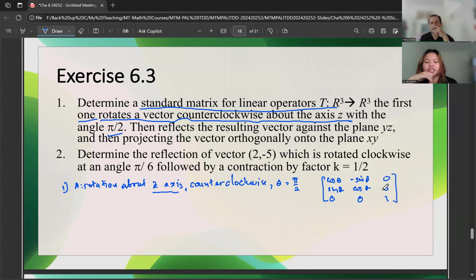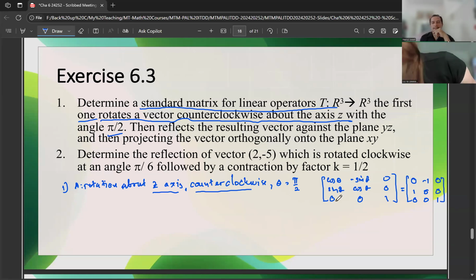Okay, this is the standard matrix. And counterclockwise means that the angle will be positive. So, what is the cosine of pi over 2? It is 0. So this will be 0, minus 1, 0; 1, 0, 0; and 0, 0, 1. Okay, this is our first matrix.